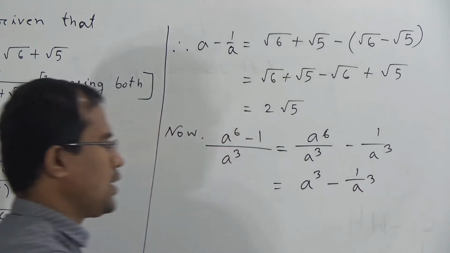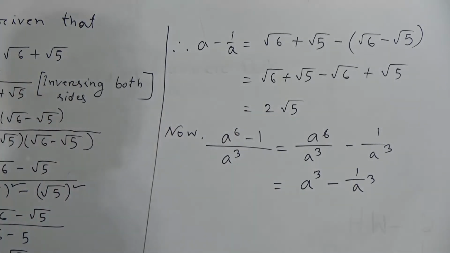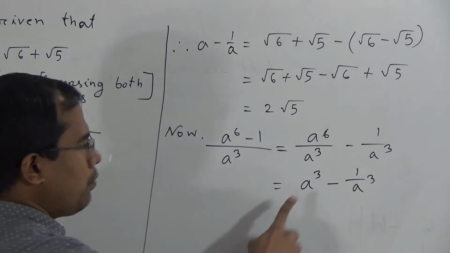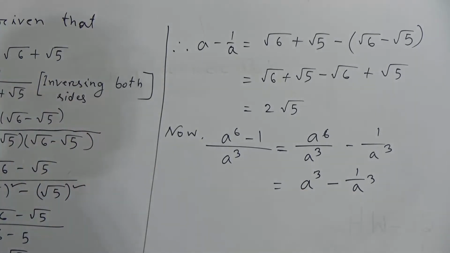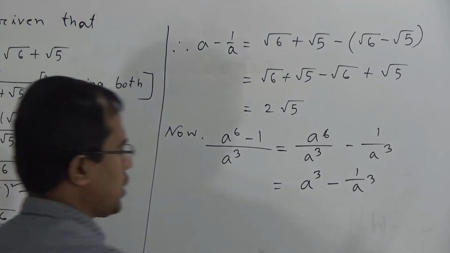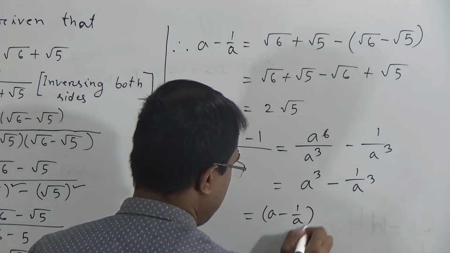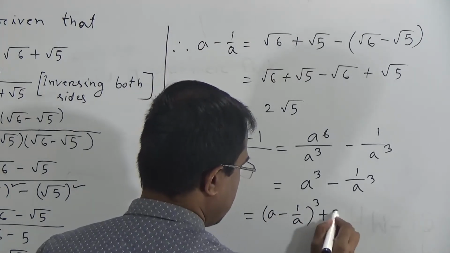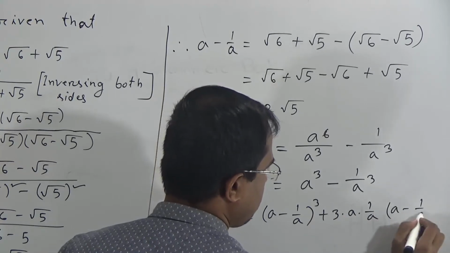Now if we consider a as a and 1 by a as b, then we can apply the formula a cube minus b cube. You know that a cube minus b cube is equal to a minus b whole cube plus 3ab into a minus b.